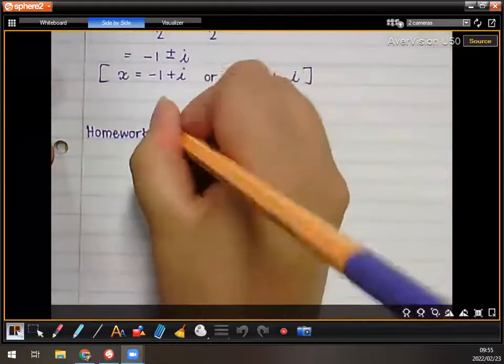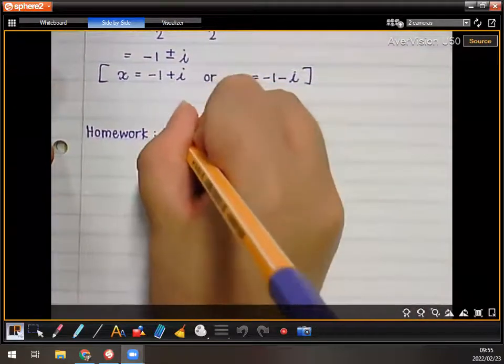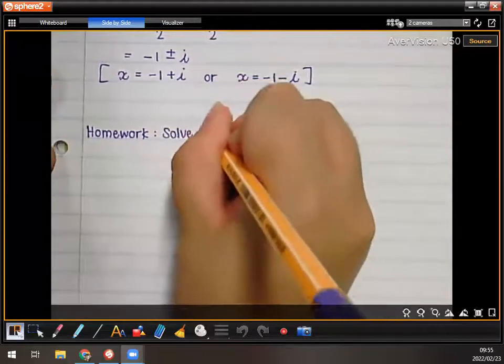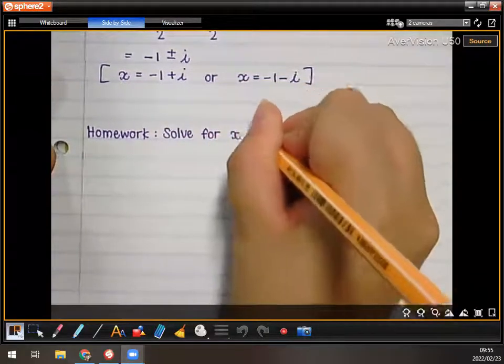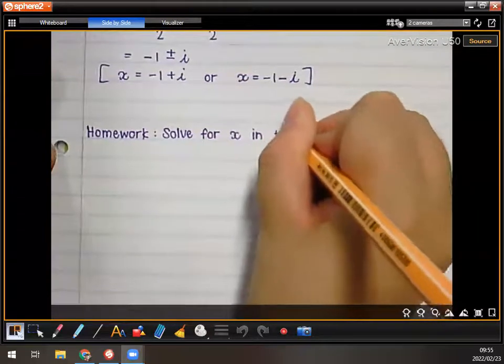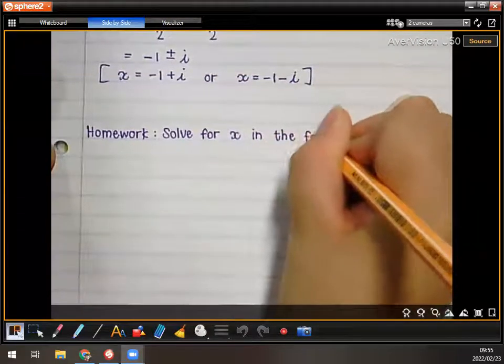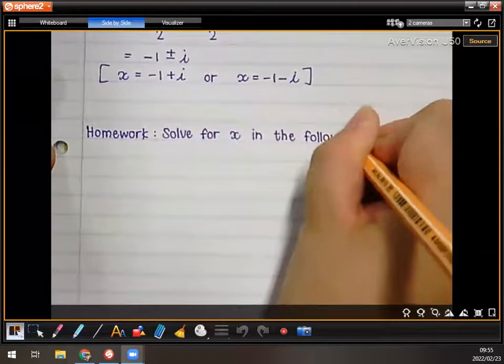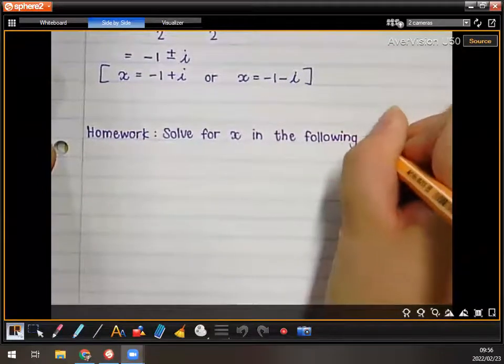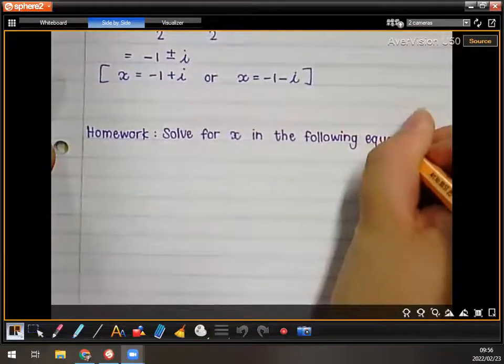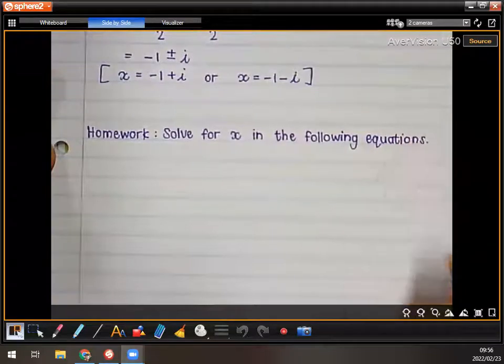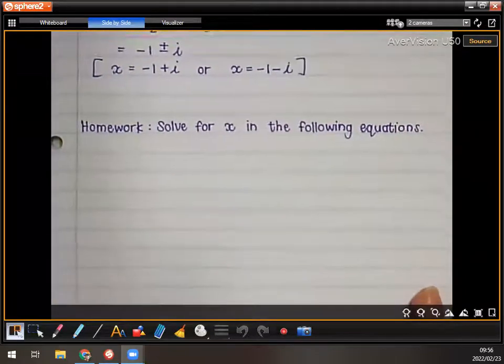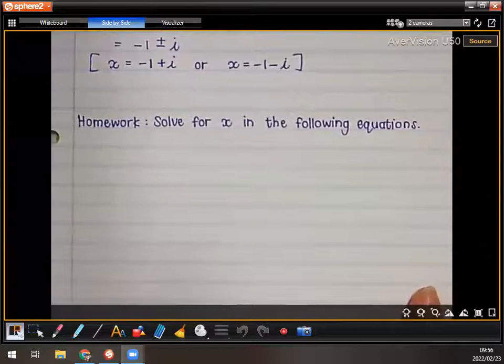Your homework is going to be solve for x in the following equation. Using whichever method you want, if you can factorize, you can do that, but if you can't, you have to use the quadratic formula.